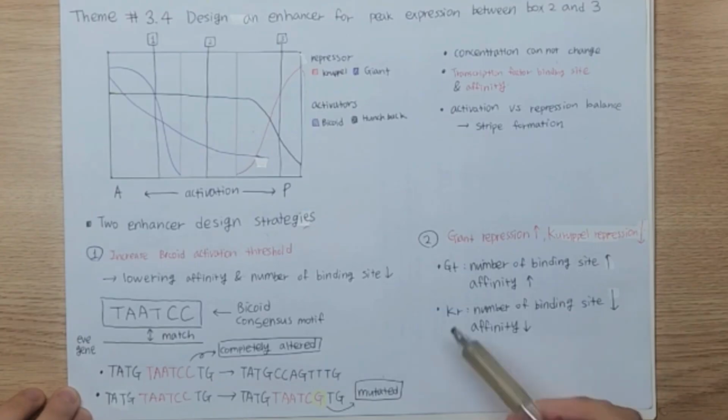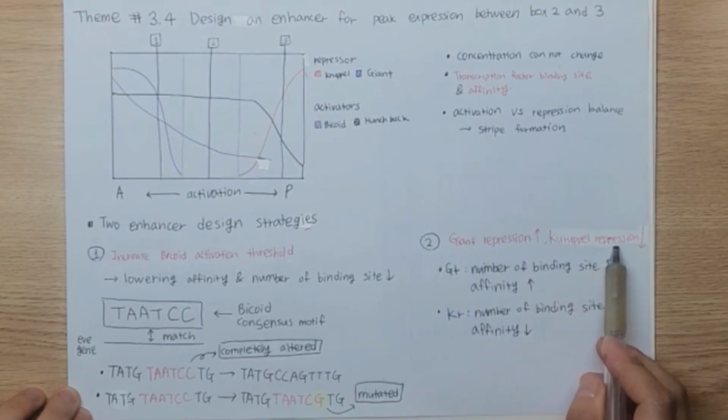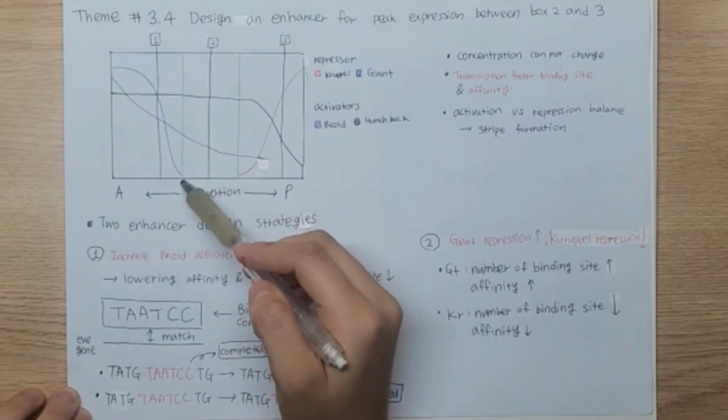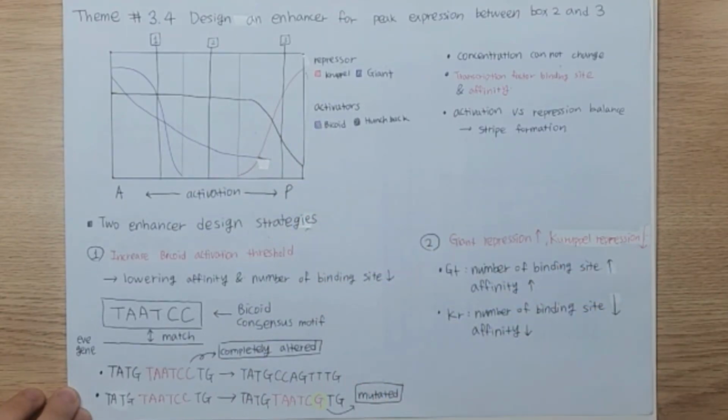The second strategy is to strengthen giant repression while simultaneously weakening Krüppel repression. Currently, at the beginning of box 2, giant acts weakly, and at the end, Krüppel repression is strong, producing a stripe within the box.